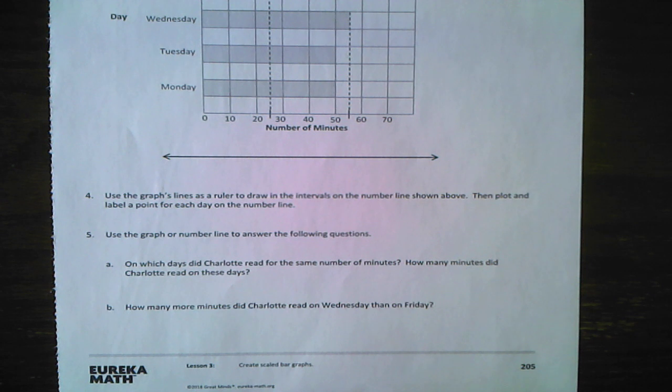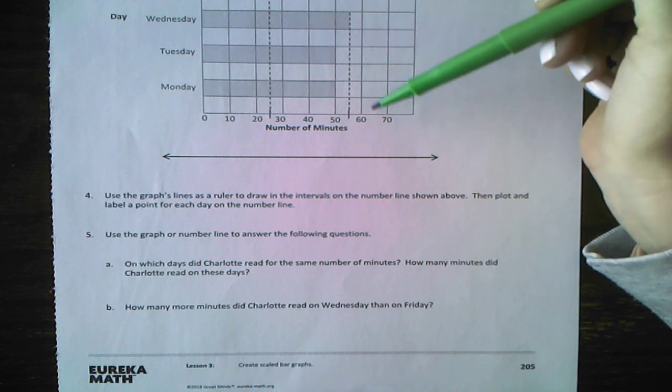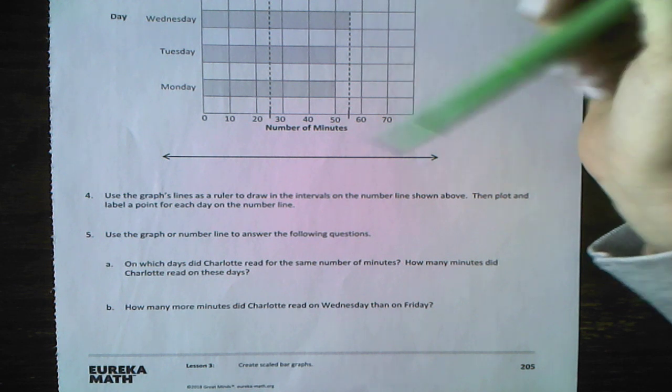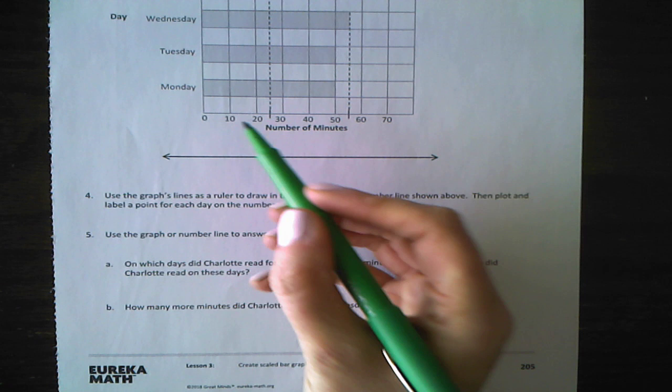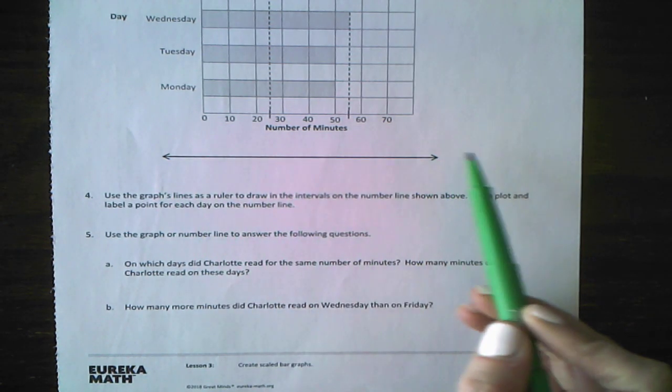Okay, as a ruler, so these lines, I guess? To draw in the intervals on the number line shown. Oh, okay. So it's asking us to show the number of minutes on this number line.